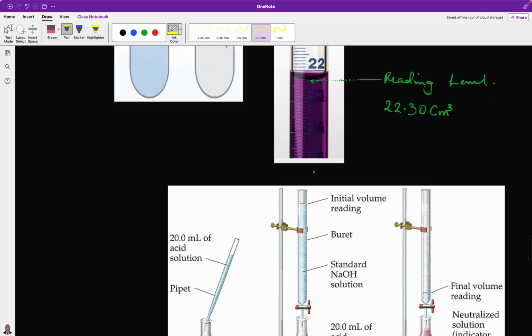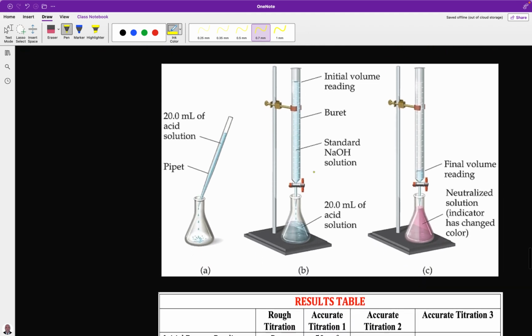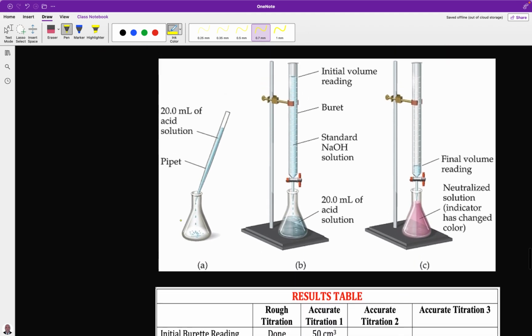Let's move on to how the titration is done. Now, after measuring the acid into the conical flask, we added an indicator using a dropping pipette. Now what happens? We now titrated it with the standard sodium hydroxide solution.